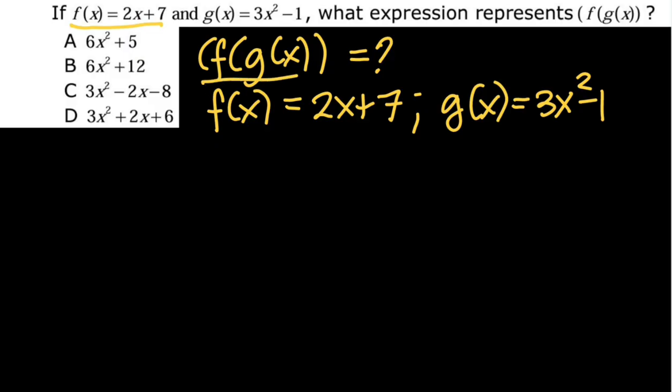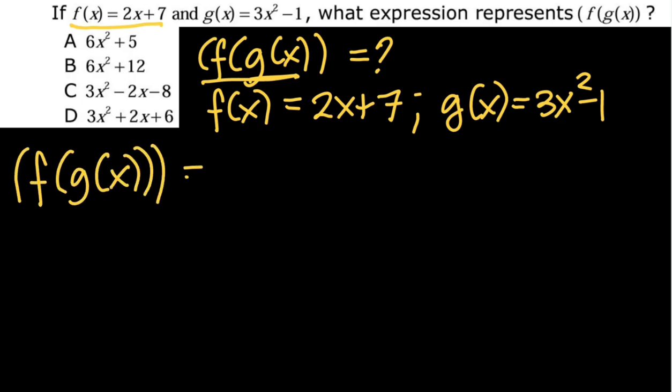Now to find f of g of x, we just have to substitute g of x into f. So f of g of x is just equal to f of 3x squared minus 1.